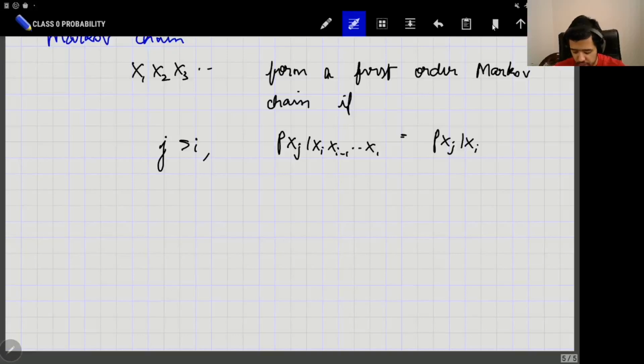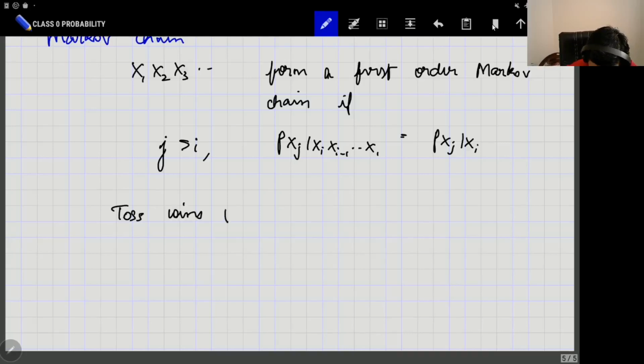Sorry. Yeah, so one very simple example of a Markov chain is the following. Let us suppose that you're successively tossing coins, and you count the total number of heads that you have seen up till now. So xi is the number of heads you see in the first i tosses.